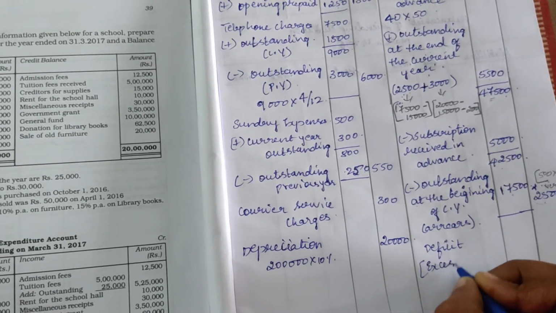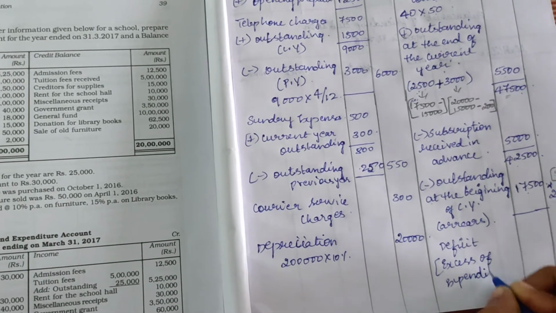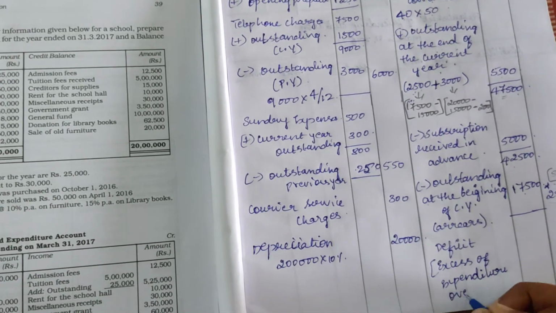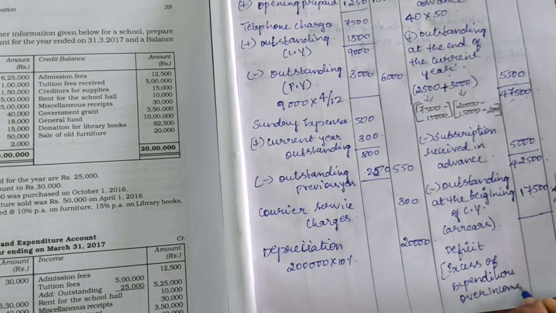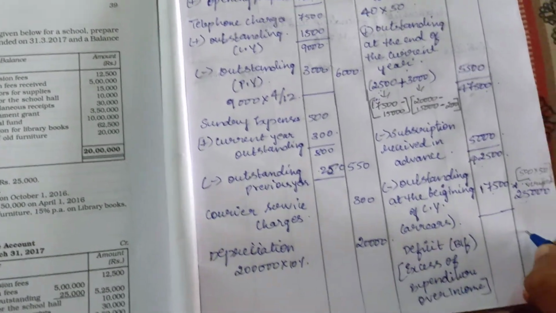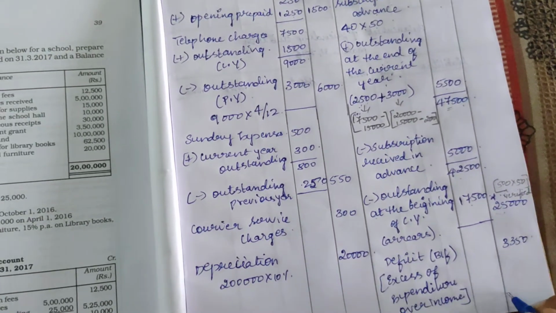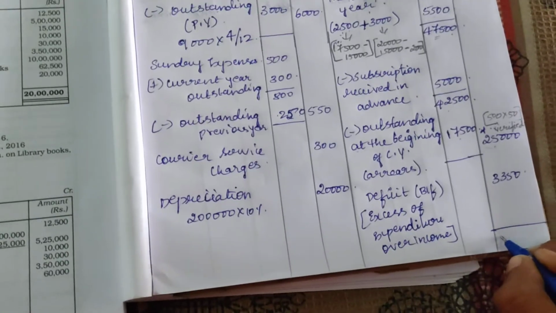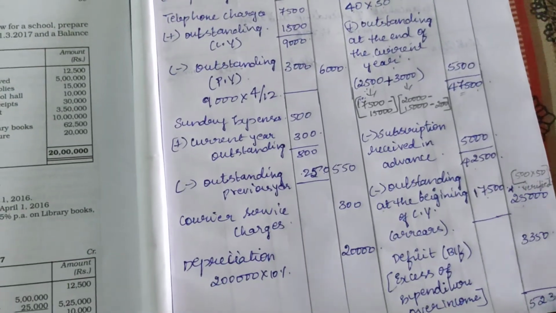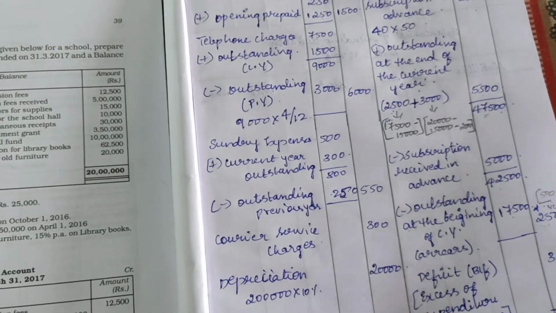Excess of expenditure over income. This is a balancing figure that we have calculated, that comes to 3,550. So let us balance it. 52,350. So this is all about the income statement.